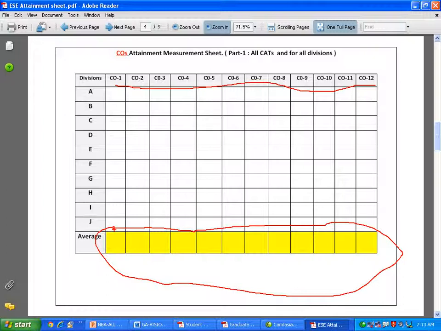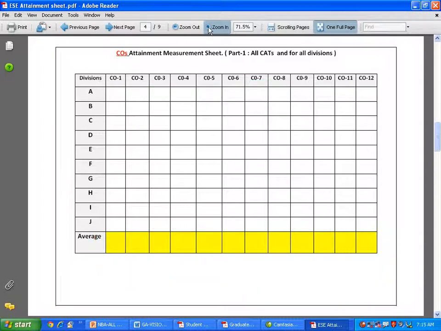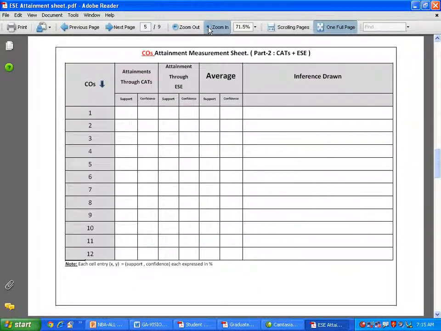So for all evaluations and examinations we have an objective. Every question has a course outcome. So we need to measure all those things and put the summary. This sheet extracts information from all internal examinations, different types of examinations, whatever you do, and the summarization of that is put into this. Let me go to the next slide.